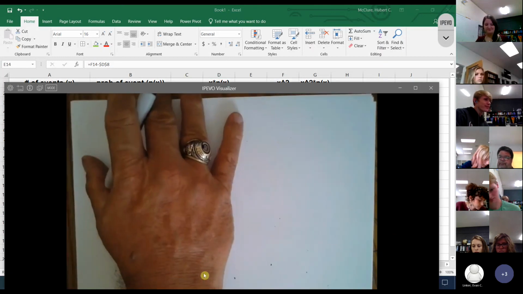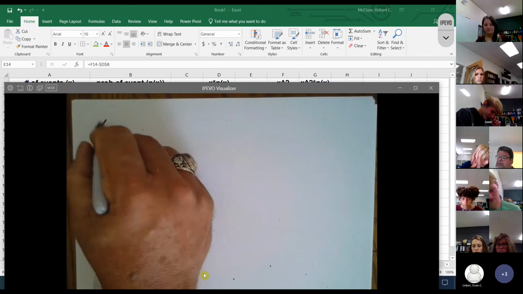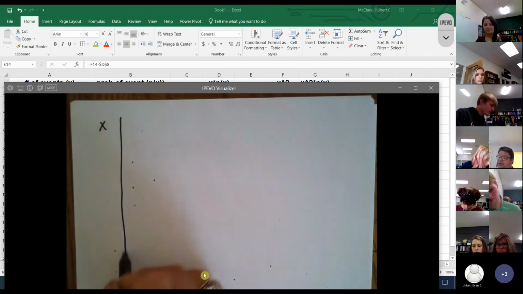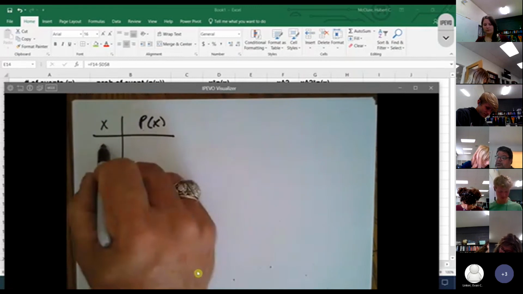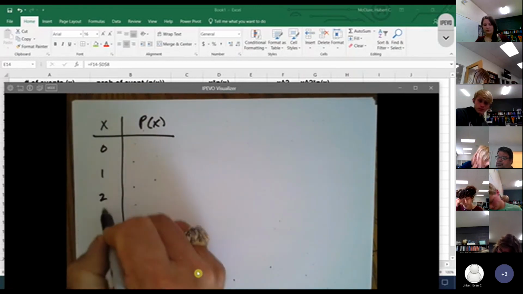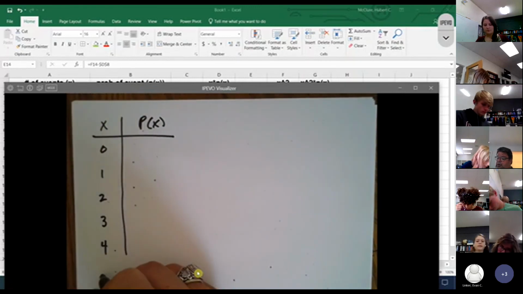Try this one. So x and p of x: 0, 1, 2, 3, 4, 5.